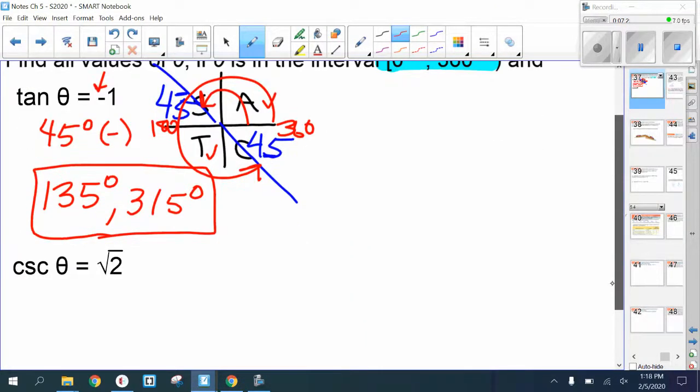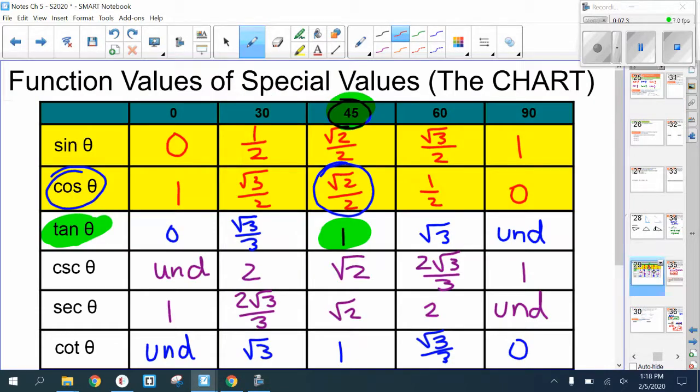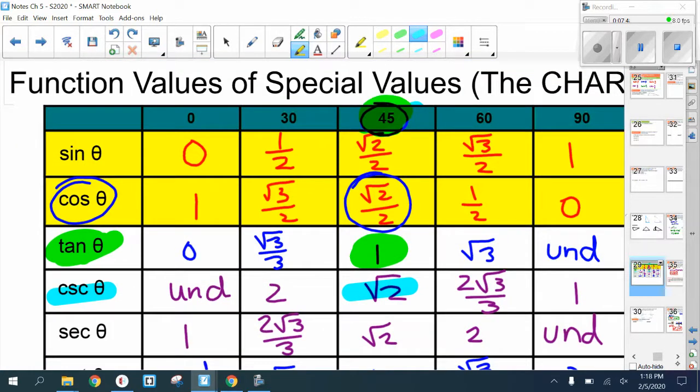Next one, cosecant theta equals square root of 2. So if you went back to your chart, let's see, where is that? What was it, cosecant? Or was it secant? Cosecant? So we're looking for cosecant square root of 2. Oh, great, that's 45 again. So that's another 45, right?